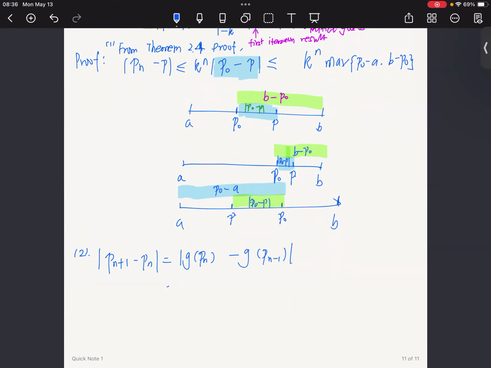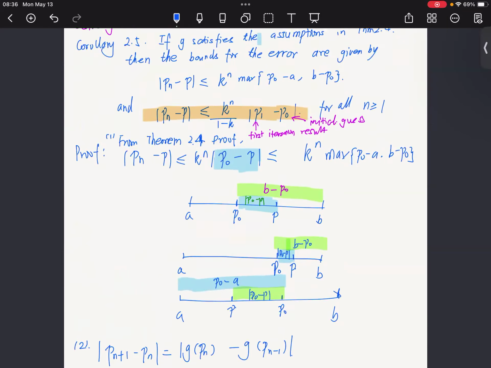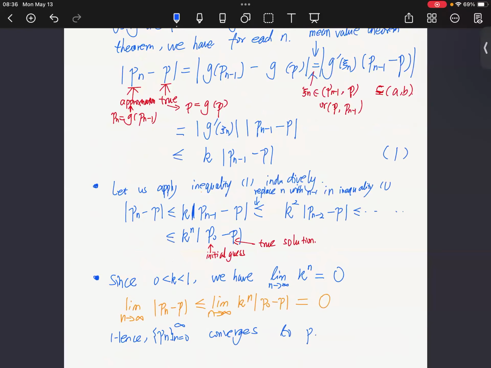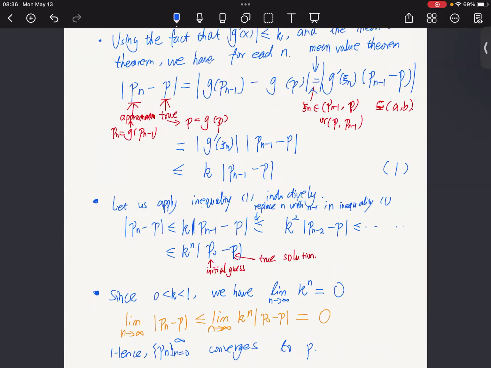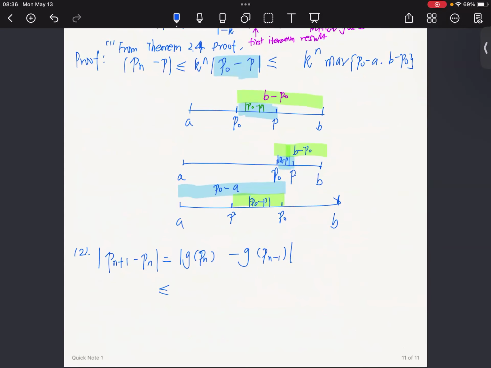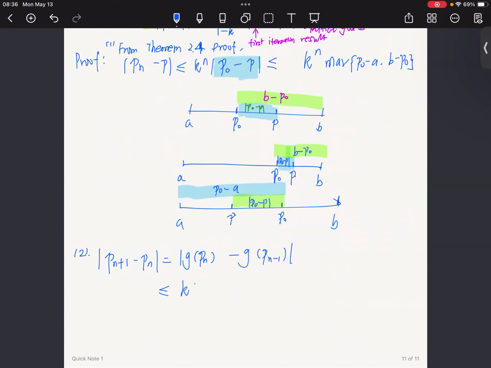Next, this is something similar to what we have in the proof of Theorem 2.4. We get the mean value theorem here, and then we get the derivative of the function. The derivative function can be bounded by K. So we have something similar here, but we just use K to bound the result: K times Pn minus Pn minus 1.